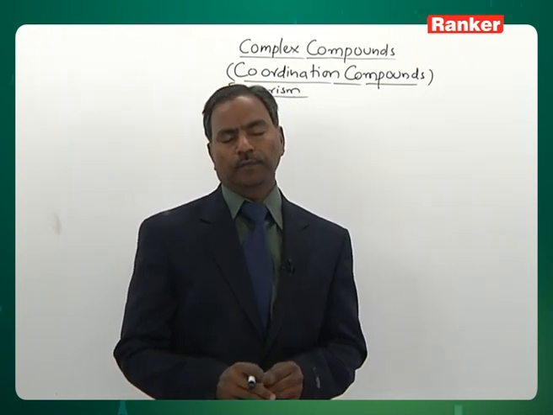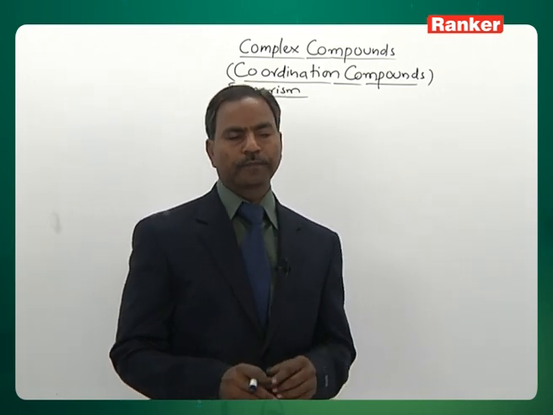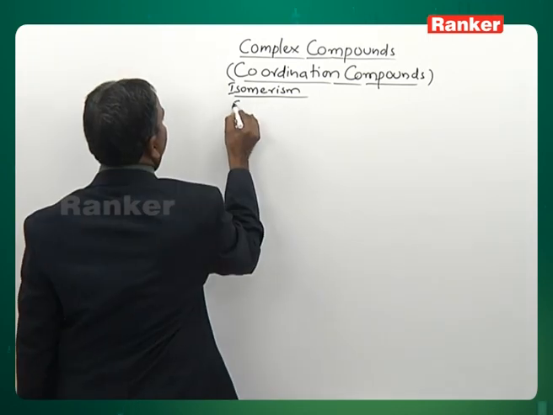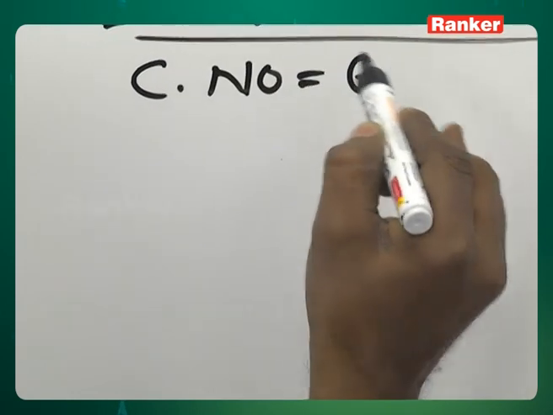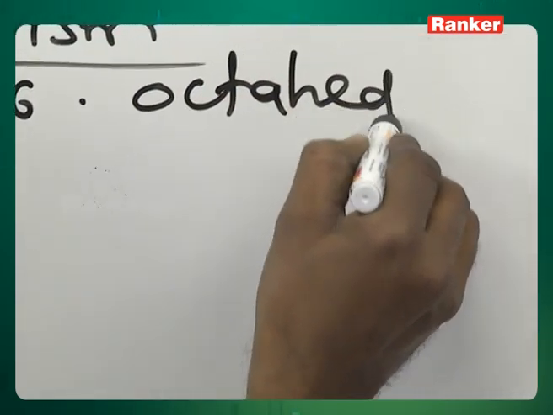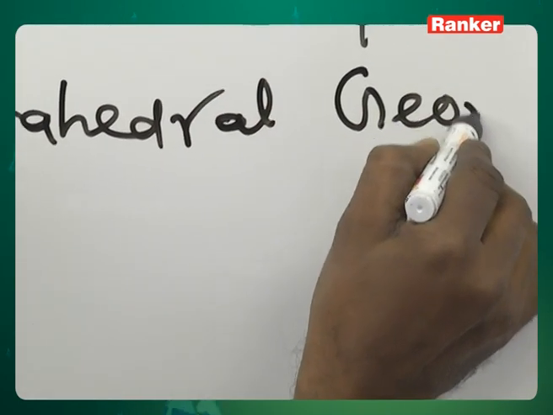Now we will see coordination number 6, octahedral geometry, and how optical isomerism arises.